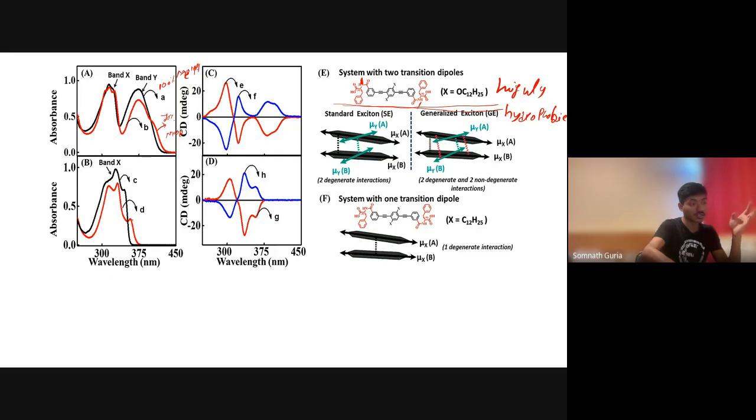They are also aggregated in presence of 70% methanol, and they show some CD activity around 450 nanometer to 250 nanometer region.